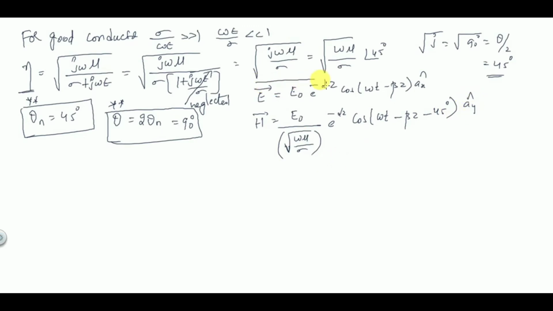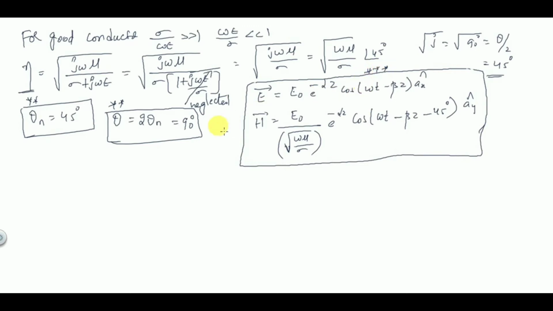Okay, so this is the wave equation representation in the case of a good conductor. Very important. When you are solving problems, we again will go through these two formulas.